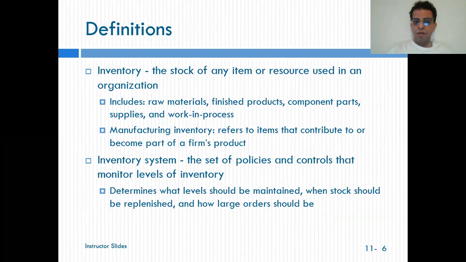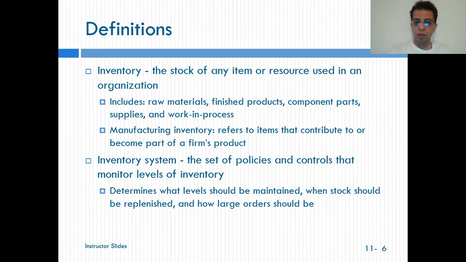Now, a definition: inventory is the stock of any items or resources used in an organization. That includes the raw materials, the finished products, the component parts, the supplies, and work in process. There are also manufacturing inventories, which refer to items that contribute to or become a part of a firm's product.